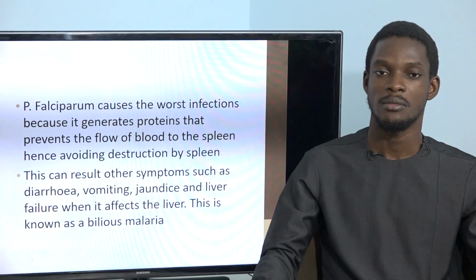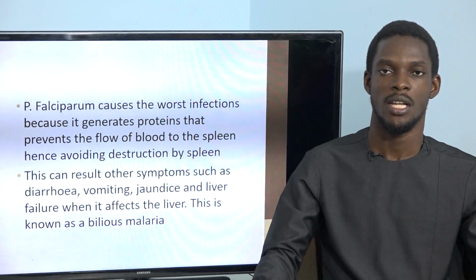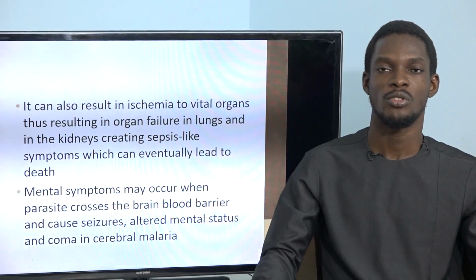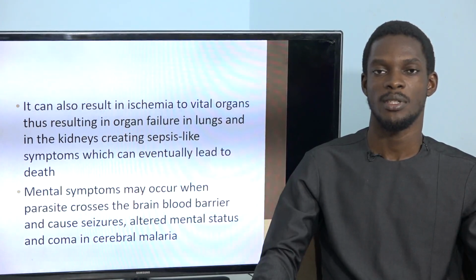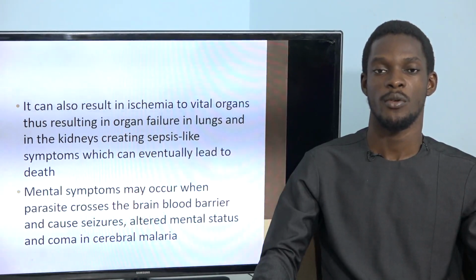And these can lead to symptoms such as diarrhea, vomiting, jaundice, and liver failure when it affects the liver. And this is known as bilious malaria. As I said, it is not sure where exactly the spleen is, and so this release can take place anywhere and everywhere.